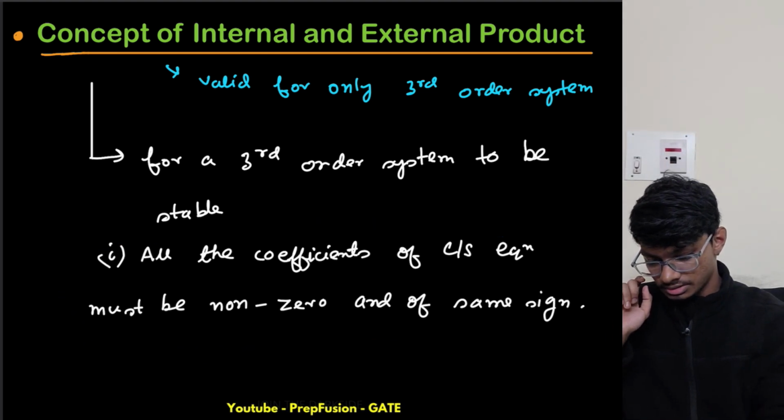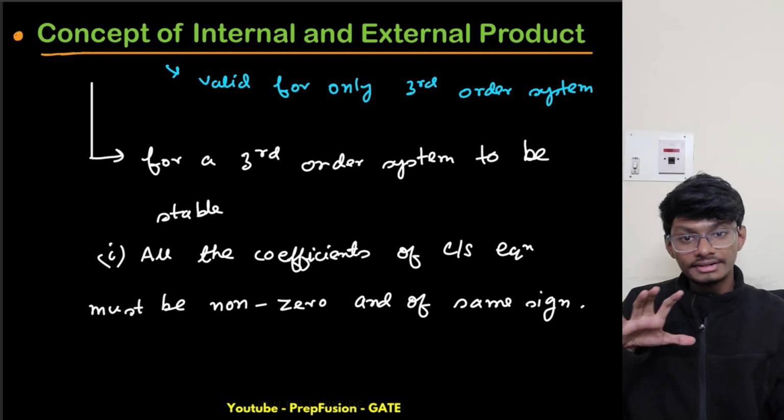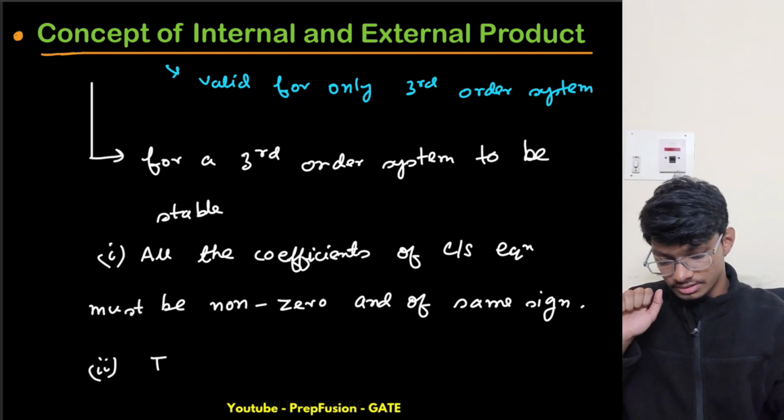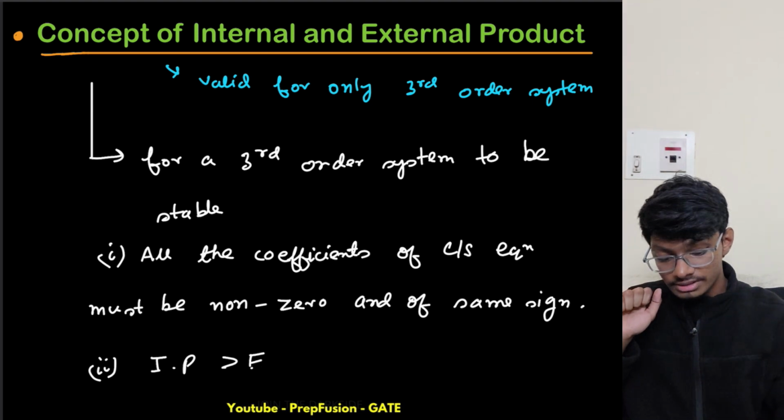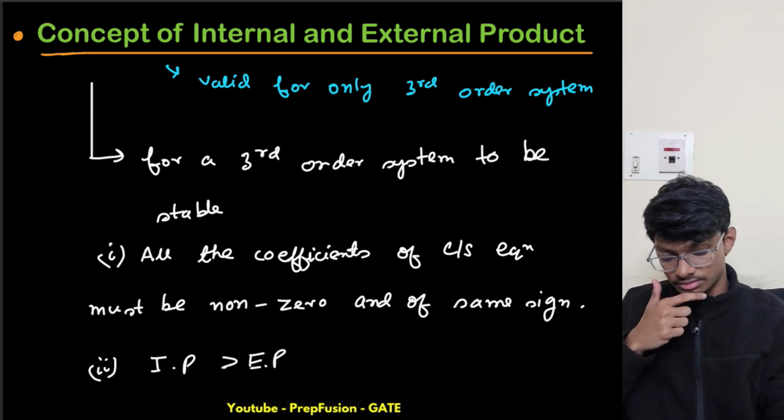Now what is the second case? The second case is that my internal product should be greater than my external product. Okay, now what do internal product and external product mean? I will explain.